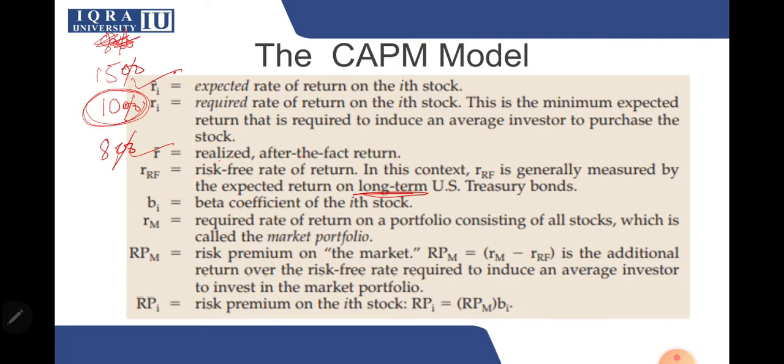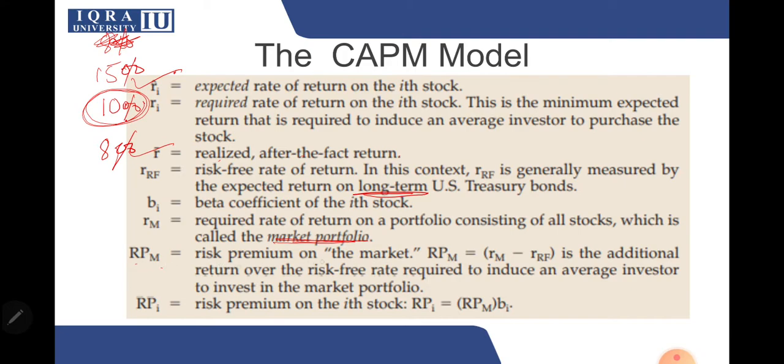Now, beta i is the beta coefficient of the ith stock. Rm is the required rate of return on a portfolio consisting of all stocks, which is called the market portfolio. So the return on the whole market is represented by Rm.